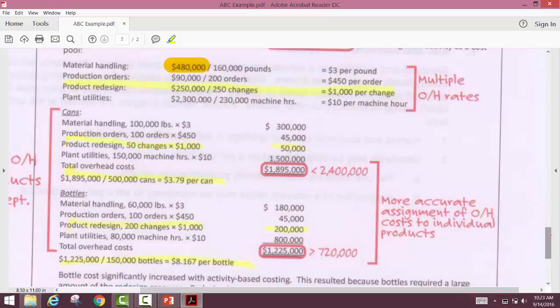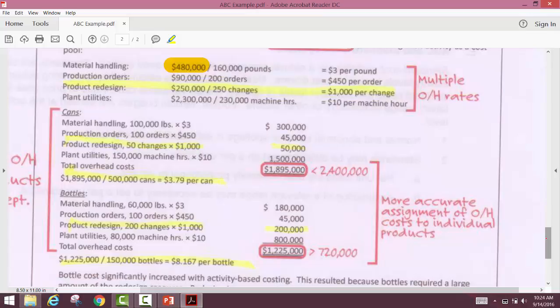Then the production orders, it was $450 per, and we had 100 orders for each of them, 100 for the cans, 100 for the bottles, remember? And then we had $1,000 per item for the order change, and this one used 200 changes. So it sucked up a lot of that expensive resource, didn't it? That's why I highlighted that one, and then the same thing for the machine hours.